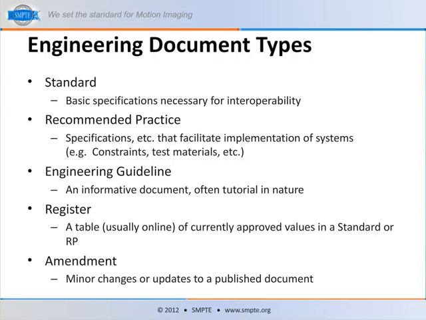We're actually trying to increase the number of engineering guidelines we have, because as standards get more and more complicated, there's an increasing need for a 101 introduction to what a group of standards is about. Then we have registers, usually online tables. If we have a standard that sets a set of values and we add standards to that, we try to keep the list of current values available in an online register. And when we want to make minor changes or updates to a published document, we can issue an amendment.